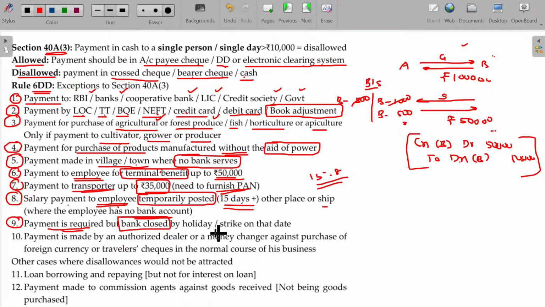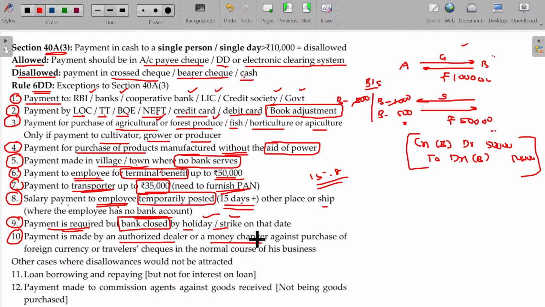What can we do? In that case, you can of course make the payment in cash due to the holiday or strike on the date. And the tenth one: payment is made to an authorized dealer or a money changer. If you want to go for foreign travel, say to the UK, you need to have sterling pounds. For the pound, the euro, whatever it may be, if you go to Western countries, or dollars, where do you get that?